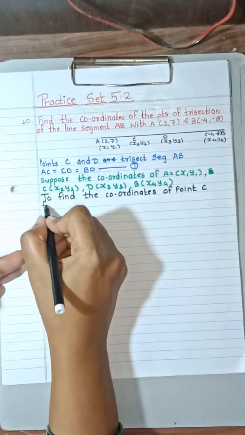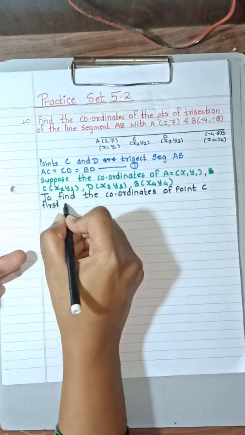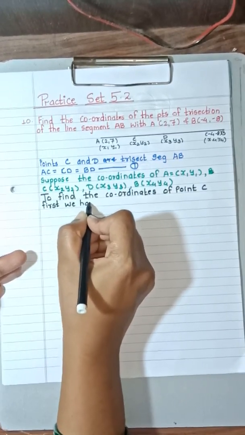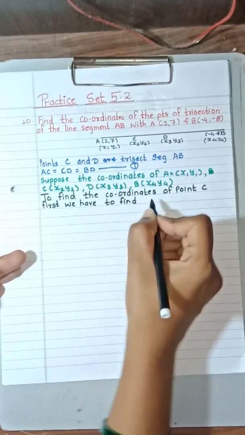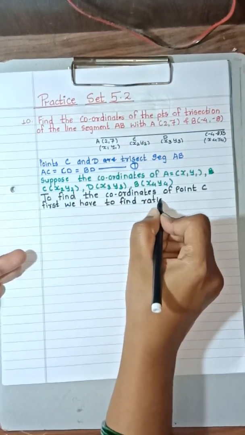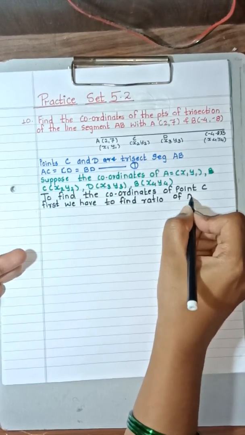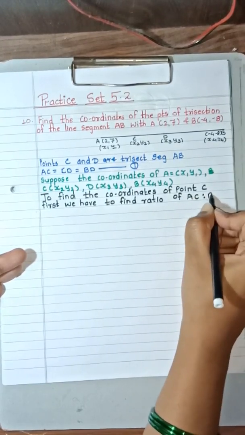First we have to find the ratio of AC is to BC.